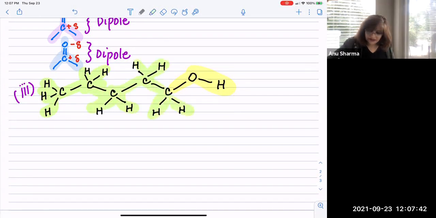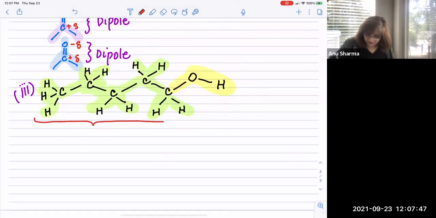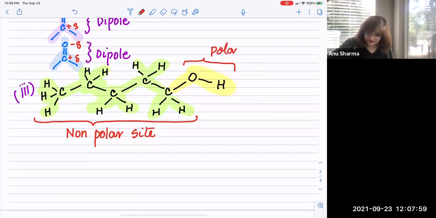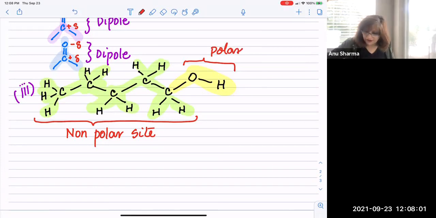So this is the non-polar side, and this is the polar side. And when this is the polar side, that means there is a polarity in the molecule.